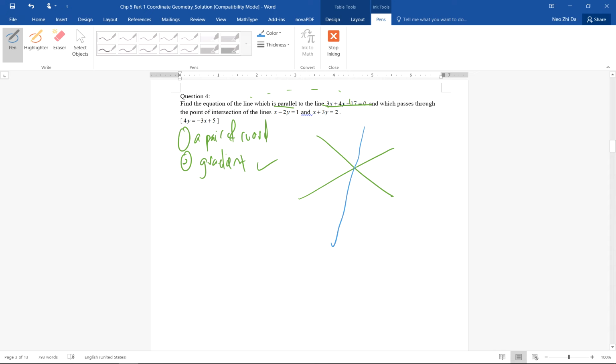How to find this point? You know the equations already, one of them is this and another one is this. You must perform simultaneous equations, and straight away you can secure x and y. Then use the formula for the equation of a line.